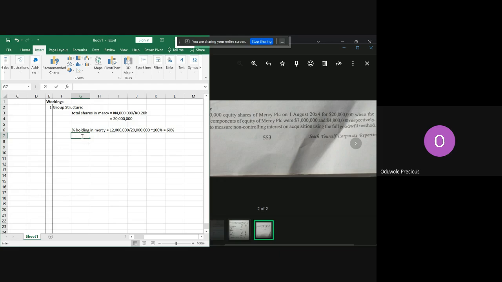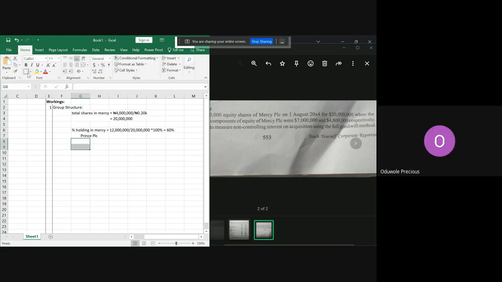Let me write it here. The reason why this is very important is because if you get a very different percentage, that means all your work is wrong from the beginning to the end.